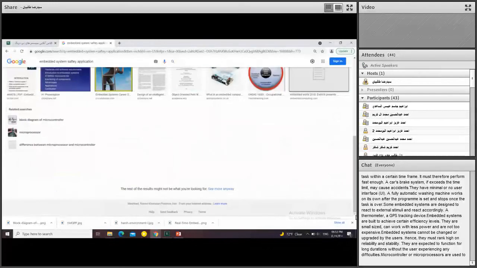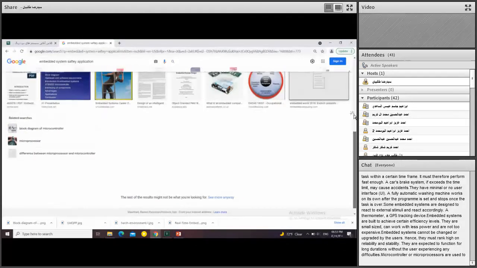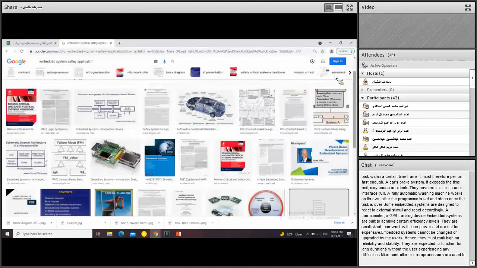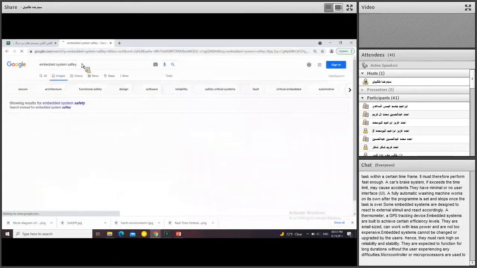Or we can find other embedded systems, maybe. Safety application. Let me write it only safety.